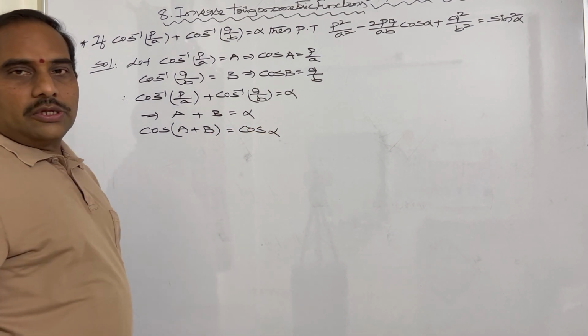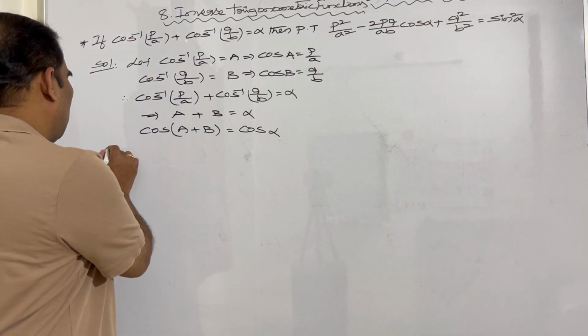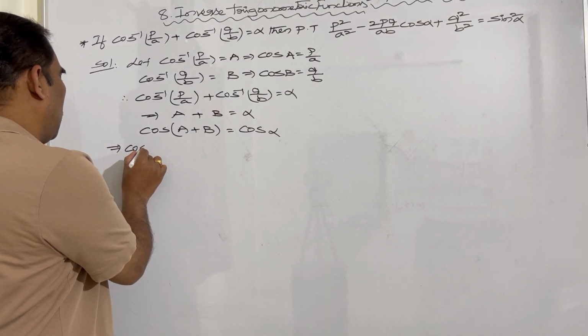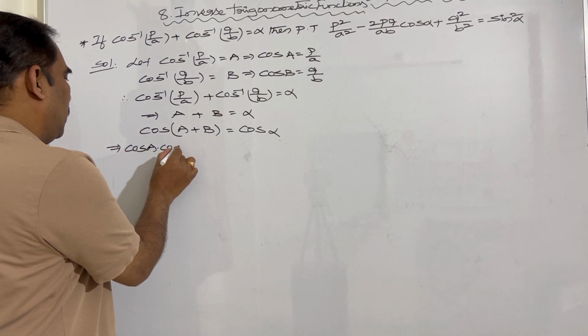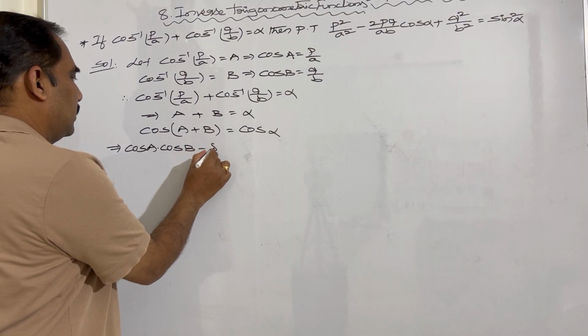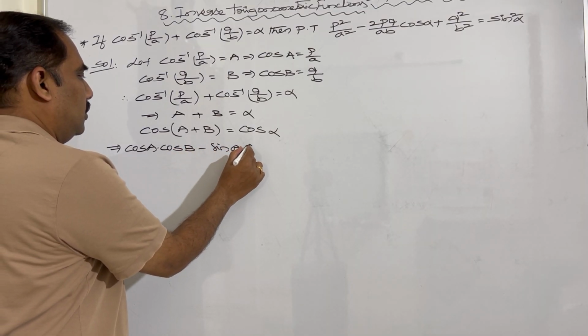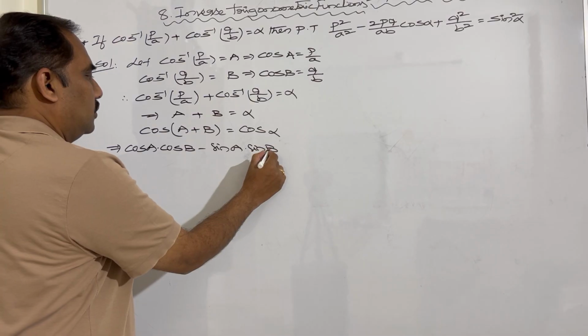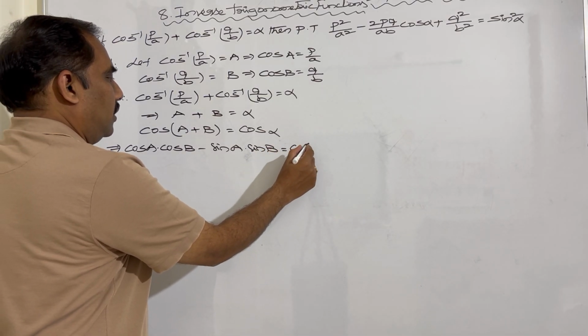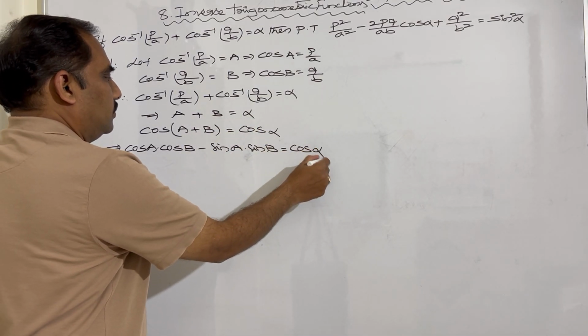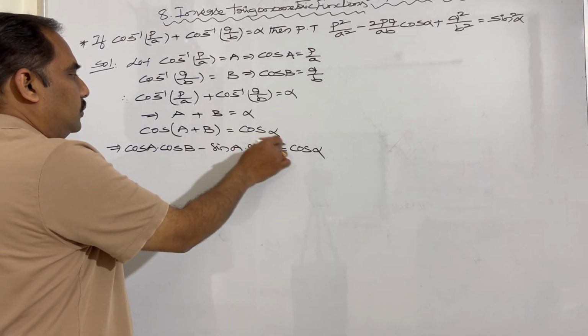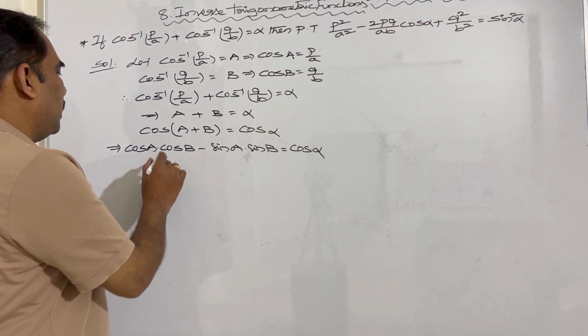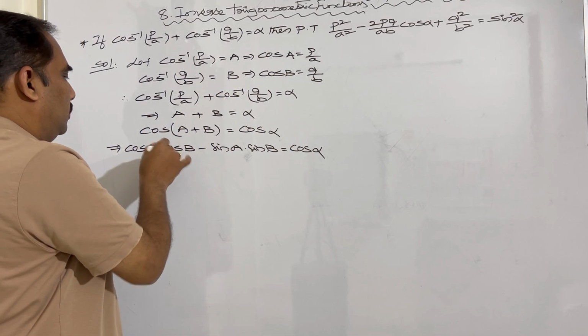Now cos of A plus B, we know the formula: cos A into cos B minus sin A into sin B, which is equal to cos alpha. Cos A, cos B, we know.